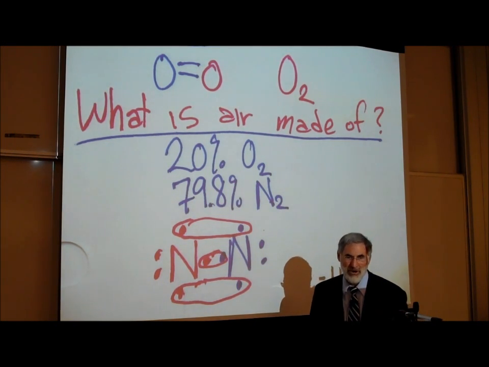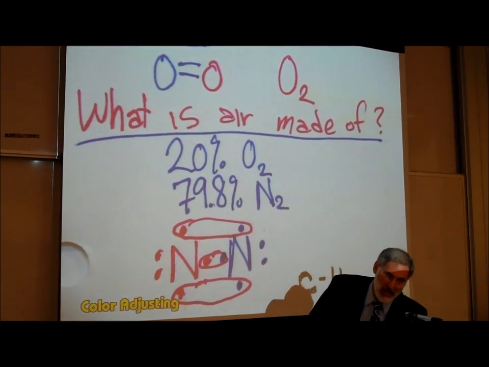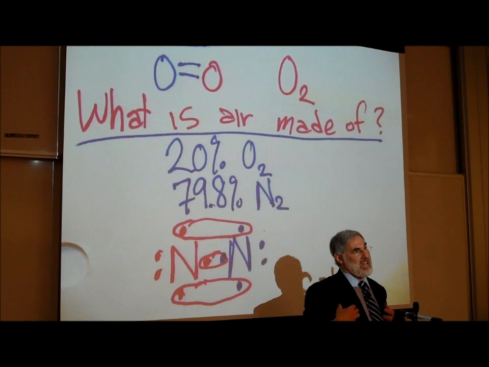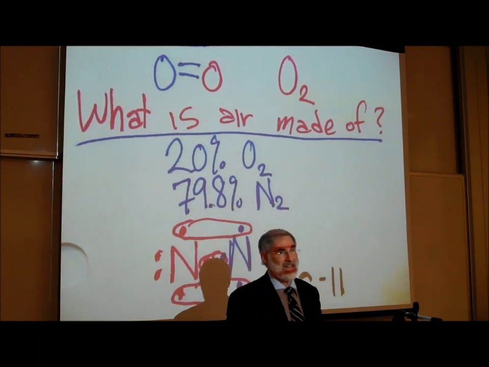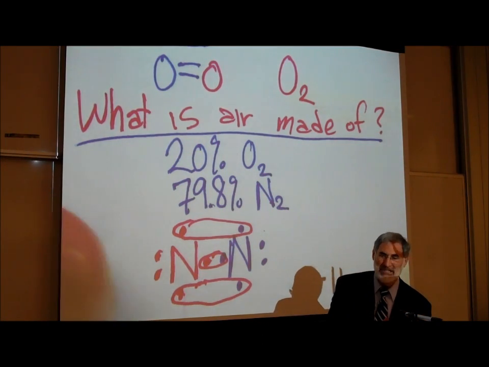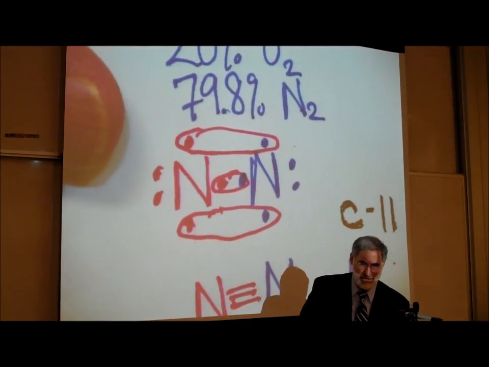All right? So obviously the major thing we inhale with each breath is nitrogen. Now living things don't use nitrogen. Whatever nitrogen they inhale, they then just exhale right back out. But it is the major thing that's going into their lungs. Oxygen is actually used. So let's use a dot diagram to show what happens with nitrogens.